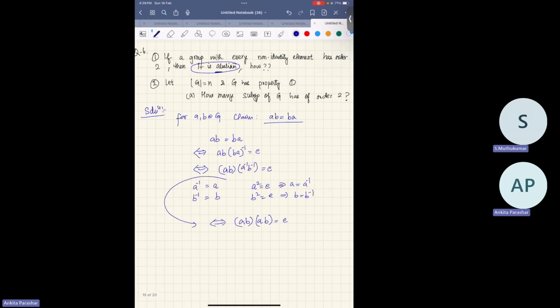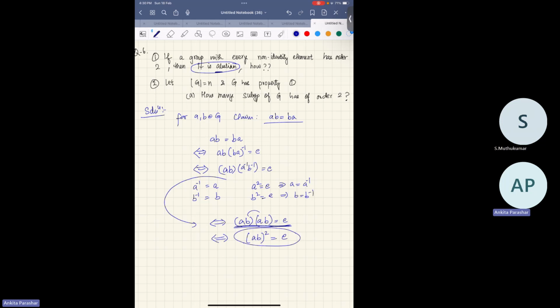The last expression, AB into BA equal to E, is a valid expression, because AB squared is E, again A squared is E. This is a more simplified way.